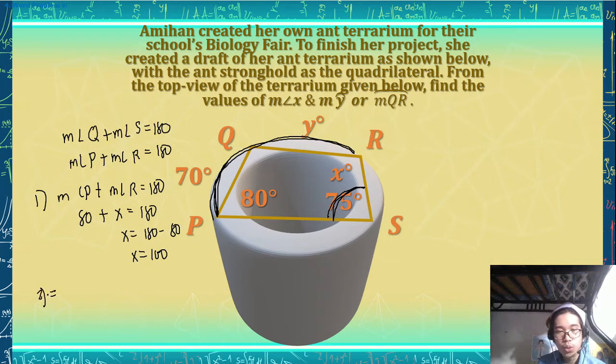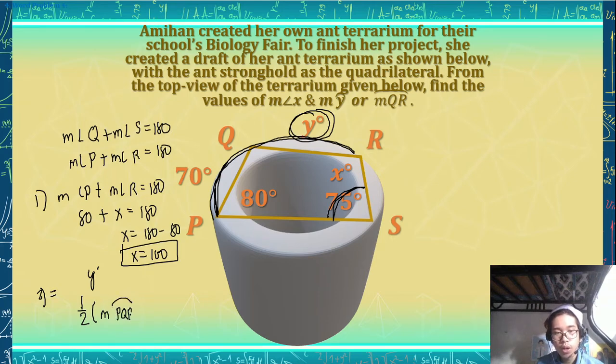To get the measurement of y, since we already found x, it's going to be one half of the measurement of arc PQR, which should be equal to the measurement of angle S, from the inscribed angle theorem.